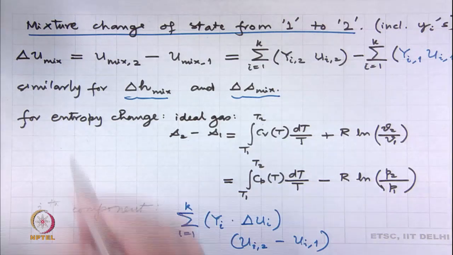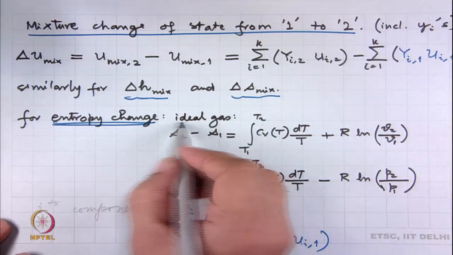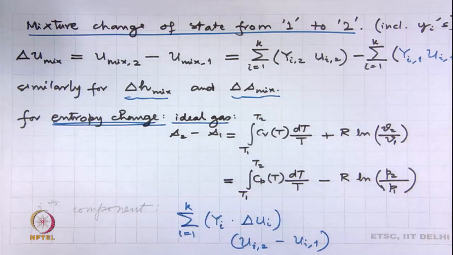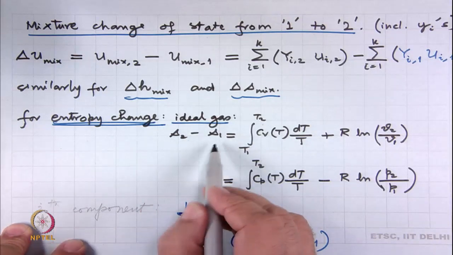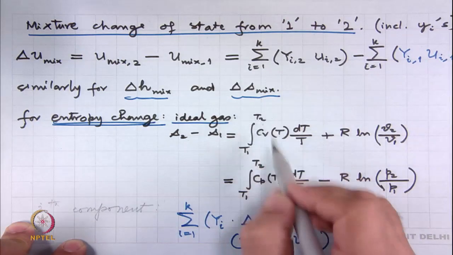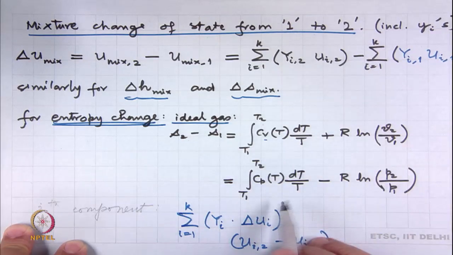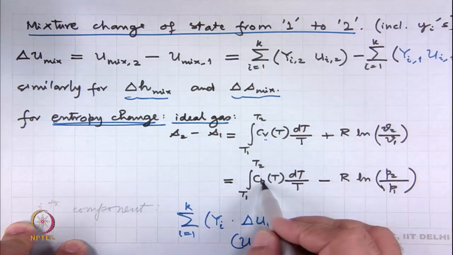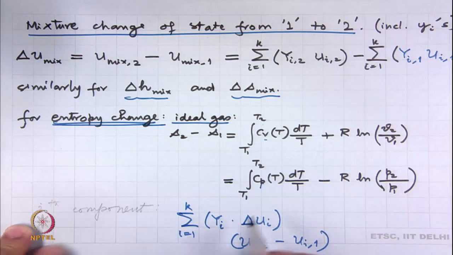But a little care has to be exercised when we look at entropy change for an ideal gas. We have learned that the entropy change of an ideal gas is S2 minus S1, which is the integral from T1 to T2 of Cv dT by T plus R ln V2 by V1, or in terms of pressure, Cp dT by T minus R ln P2 by P1.